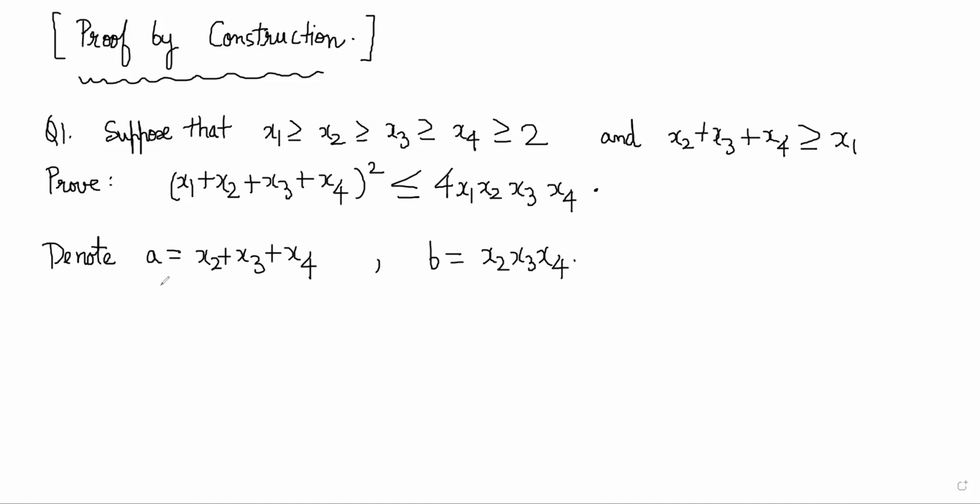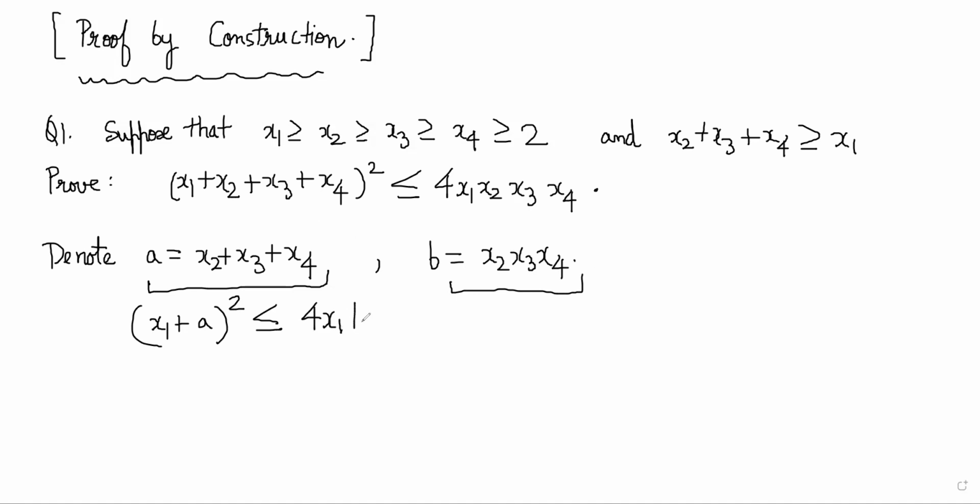We are taking two new variables, A is this and B is this, and then the original inequality looks like (x1 plus A) whole square is less than or equal to 4 x1 B. The LHS is basically (x1 plus A) whole square, and this is 4 times x1 into B.